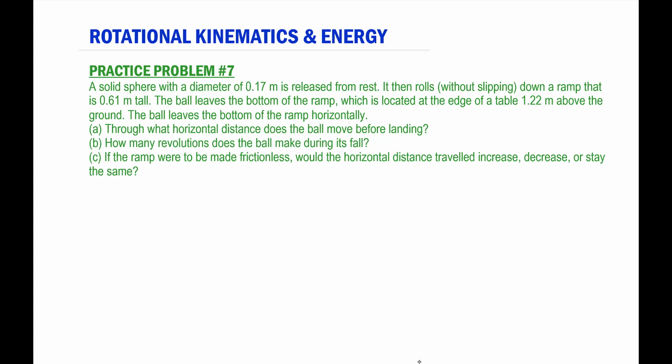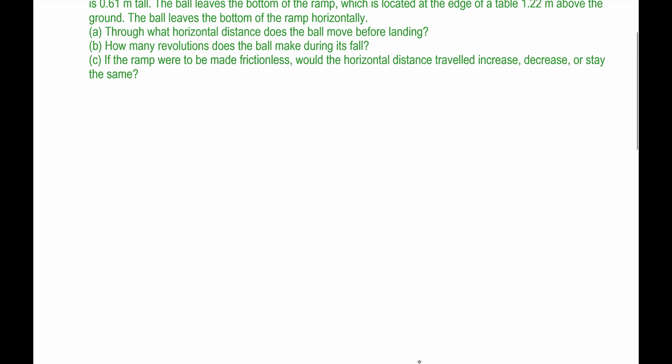So there are 3 snapshots in time that we want to look at: initial, launch, and final. So step number 1, we want to draw a diagram and state our known values.